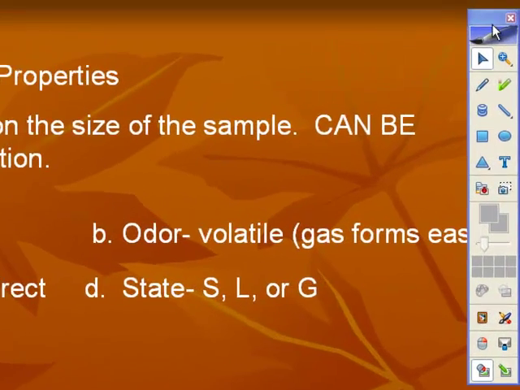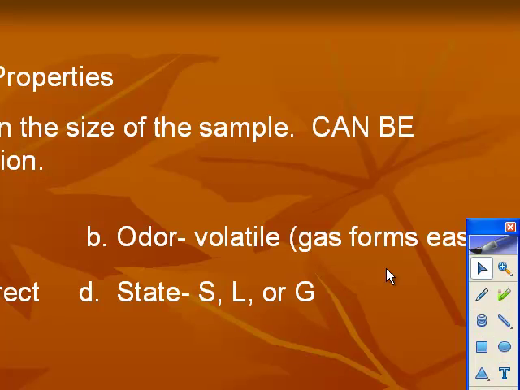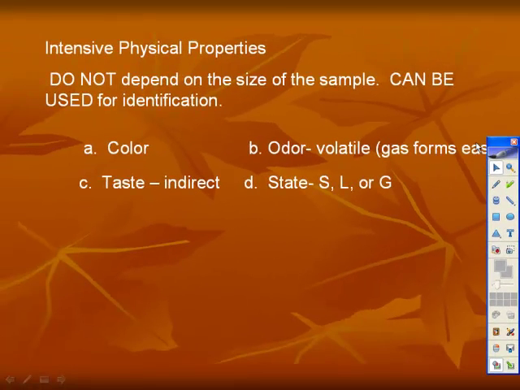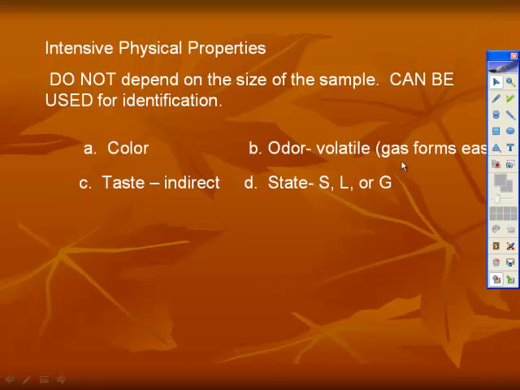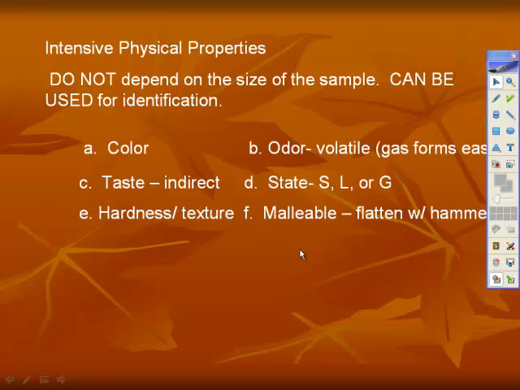We have color. We have odor, like if it's volatile. Volatile means a gas forms easily. We have taste, which we would never directly do. We have its state, solid, liquid, or gas at room temperature. We have its hardness or texture. If it's malleable or not. Malleable means I can flatten it with a hammer.